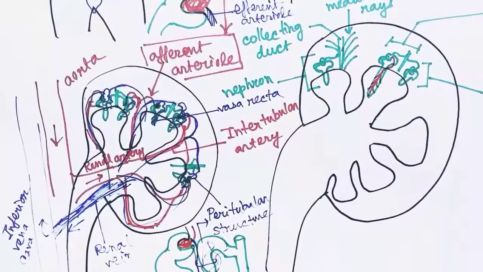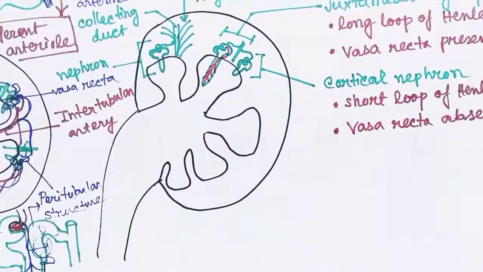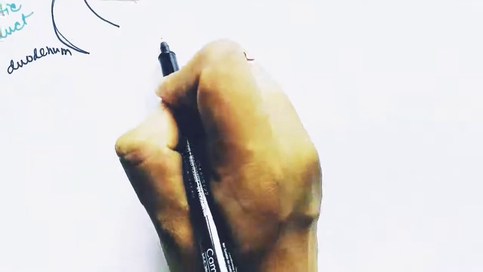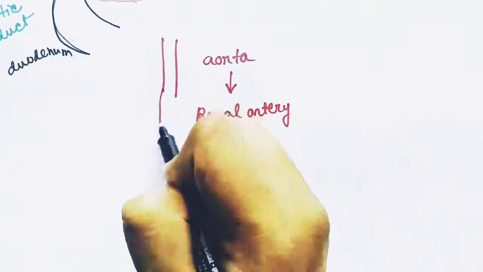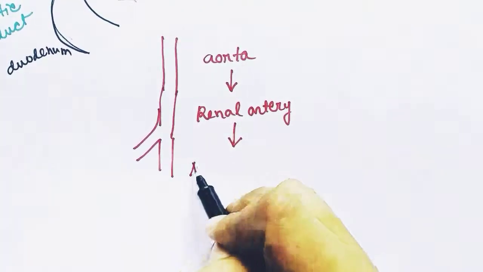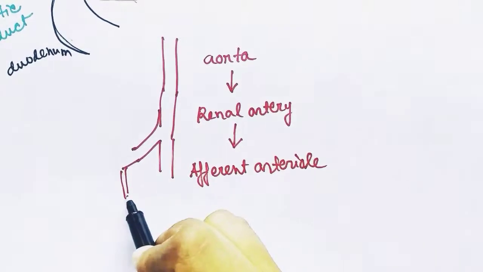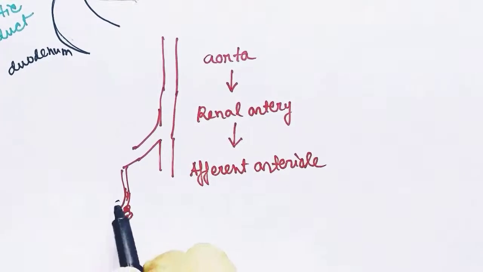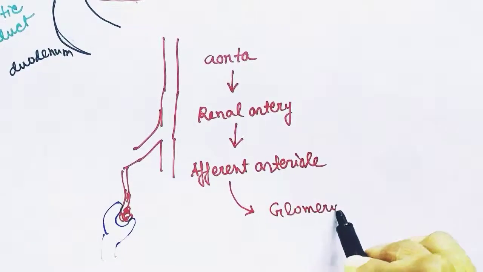Now we will do a recap of the blood supply. Blood coming via the aorta will form renal artery, which will go inside the kidney and will give rise to afferent arteriole, which will enter the head of the nephron in the glomerulus for filtration of the blood.